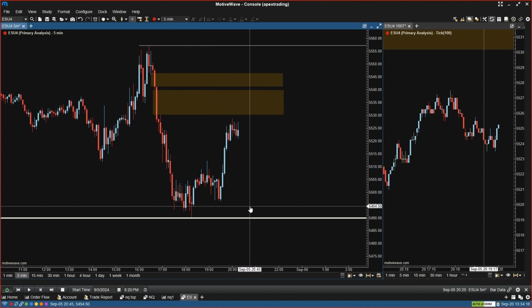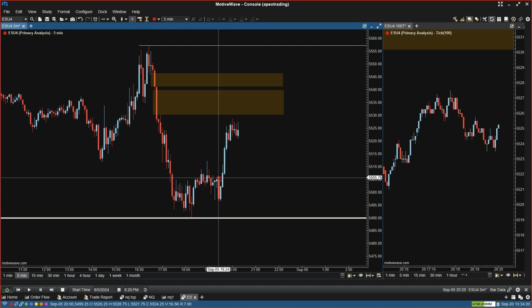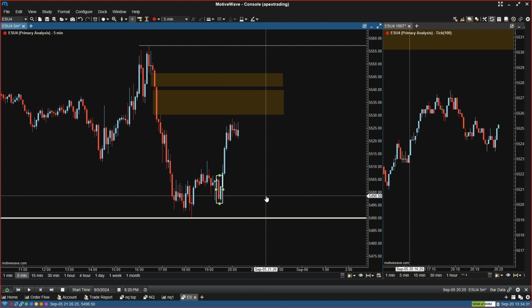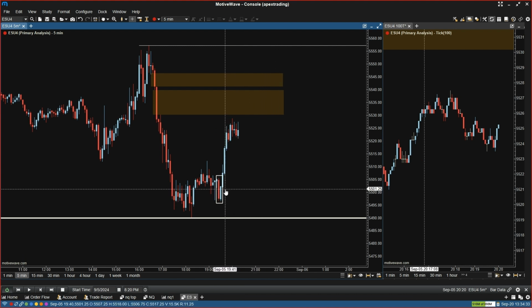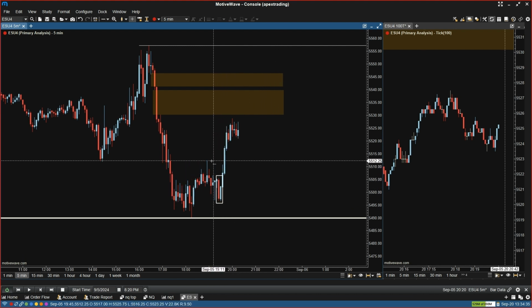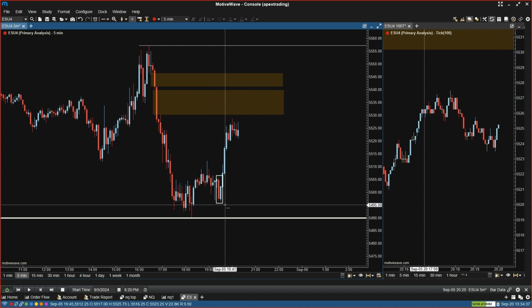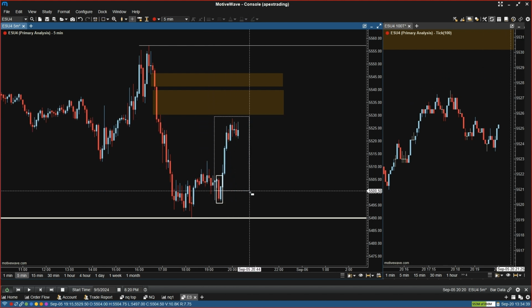So if you can see the 5 minute structure, we have also a bullish order block here by this red candle. So it's very important. As well as we have a displacement move.